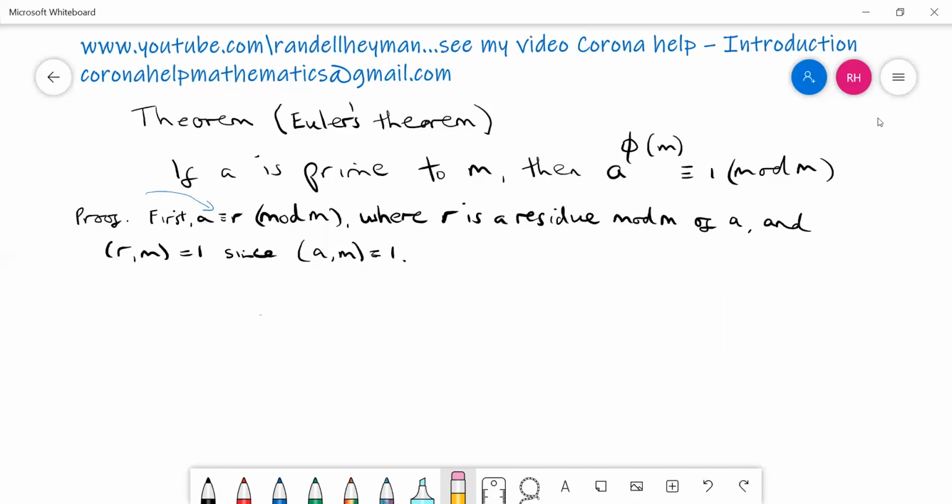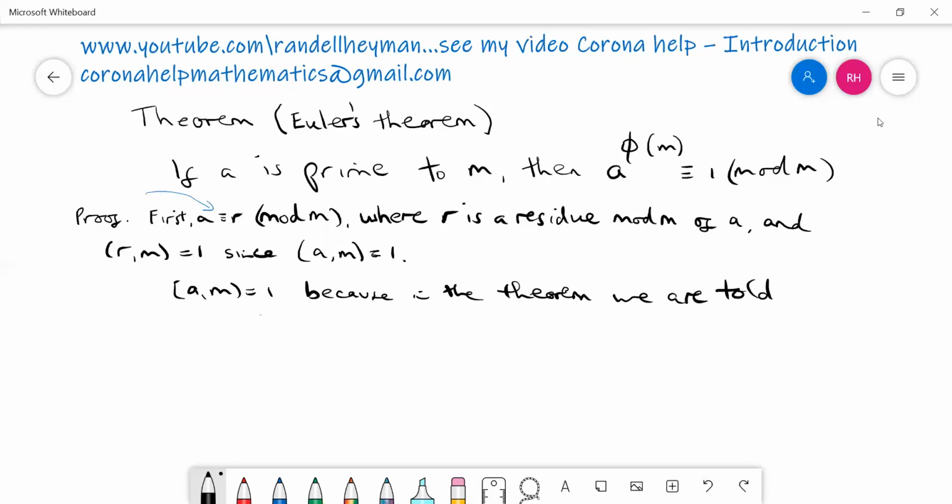First, (A, M) = 1 because in the theorem we are told that A is prime to M. As I went through two videos back, when we say A is prime to M, we just mean that the GCD of A and M is equal to 1, and it's okay to write it as (A, M) = 1.